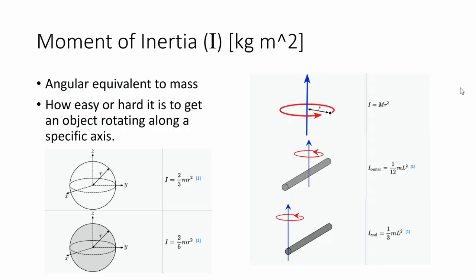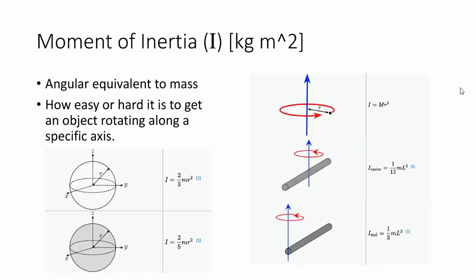But if we want to think about the planet rotating on its own axis, we can't just pretend that it's a point source anymore, and we instead have to realize that it's a spherical shape.